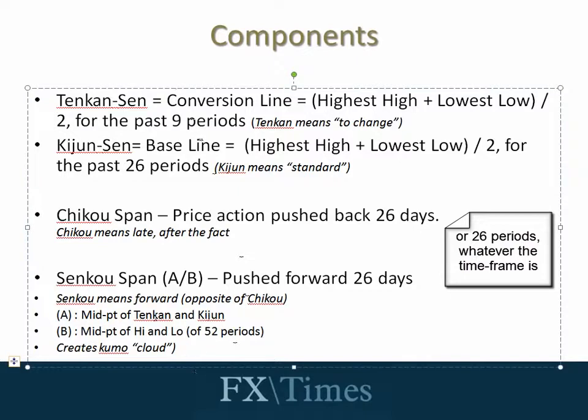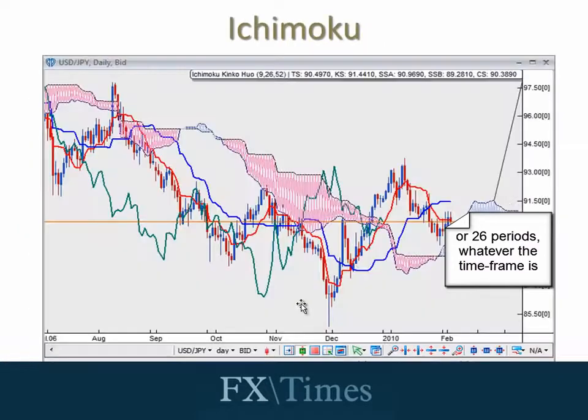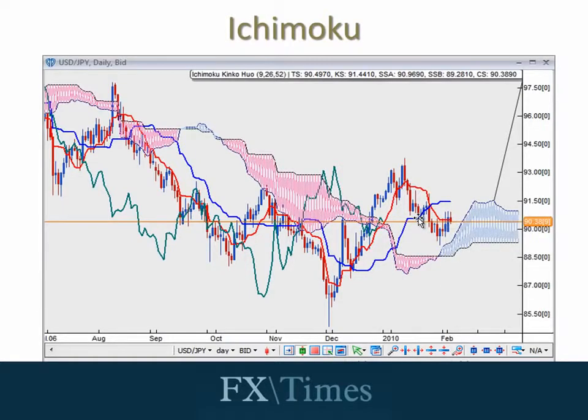Senkou in Japanese means forward, which is the opposite of Chikou, and this calculation is pushed forward 26 days. You see that these lines, calculated from your Tenkan and Kijun as well as the 52 period midpoint, are plotted here.